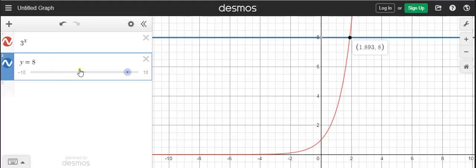So this is what I mean. When you graph 3 to the x and y equals 8, here's the point where they intersect. And notice they intersect at approximately 1.893, and the y value is 8.